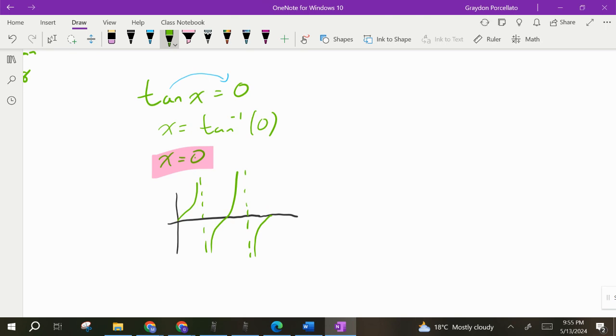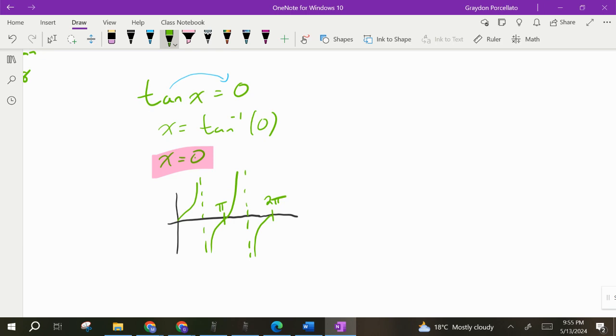So I know that the period of the tan function is pi, so it repeats itself after pi. And I know that this is roughly what the graph of tan looks like over the course of 2 pi.